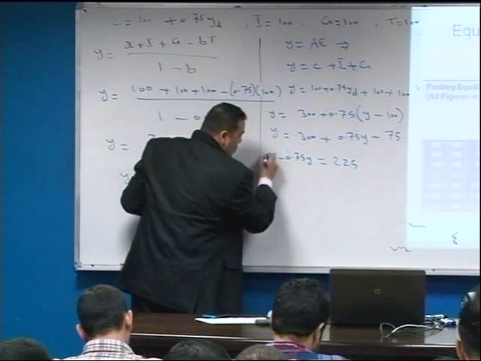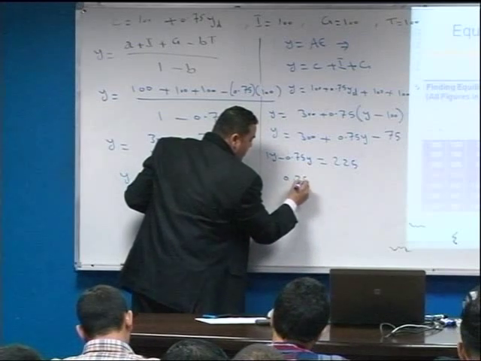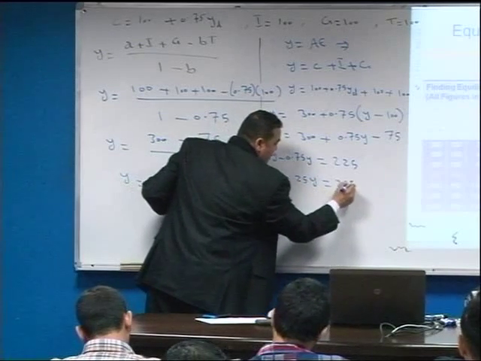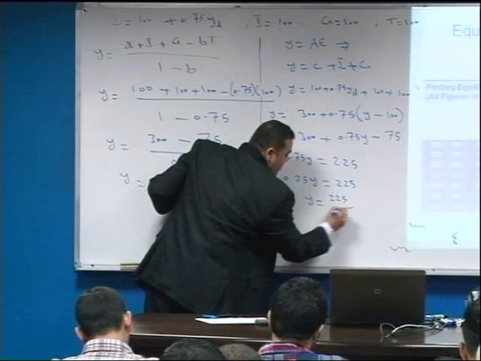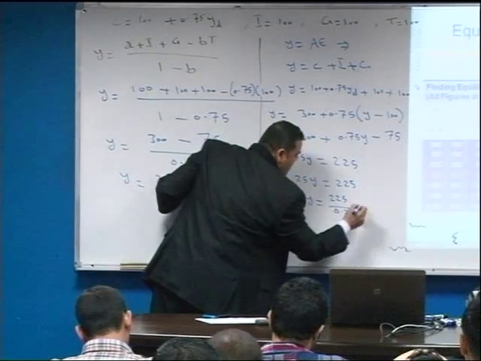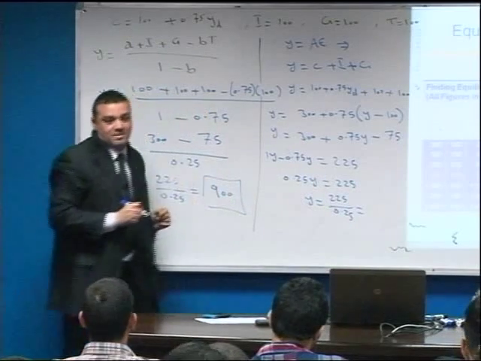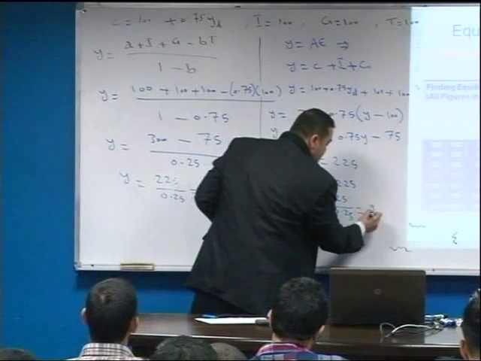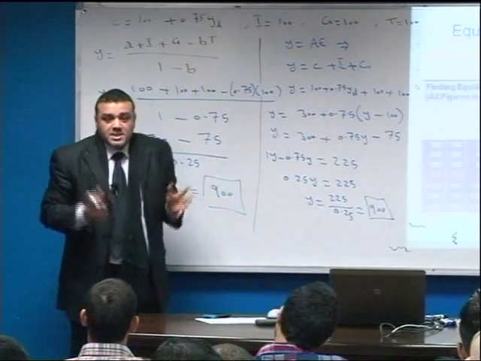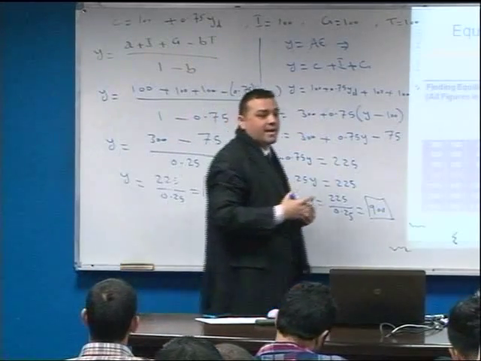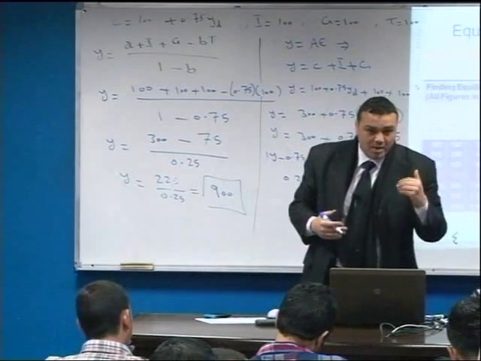So 0.25 Y equals 225. So Y equals 225 over 0.25, the same result, 900 million.